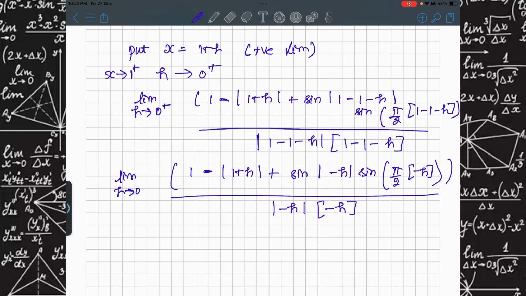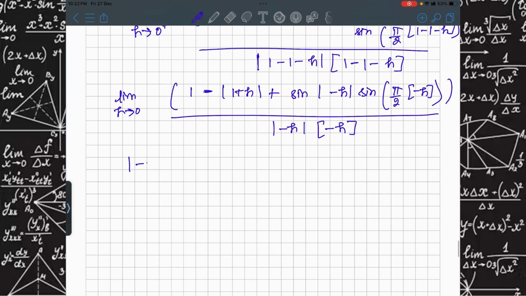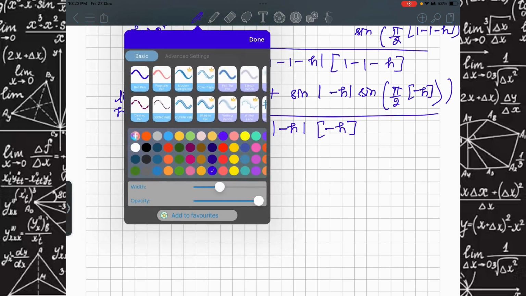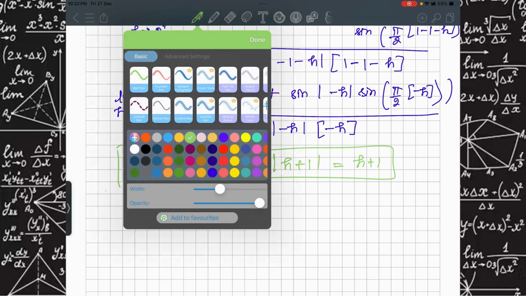So now we have substituted the h values. How to proceed further then? We already know these things, right? Modulus of minus h is nothing but plus h. We already know this identity. Similarly, again, modulus of h plus 1 is nothing but h plus 1, right? These things we already know. So let's apply this and simplify it.